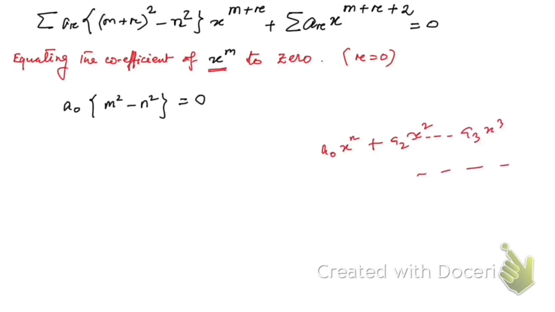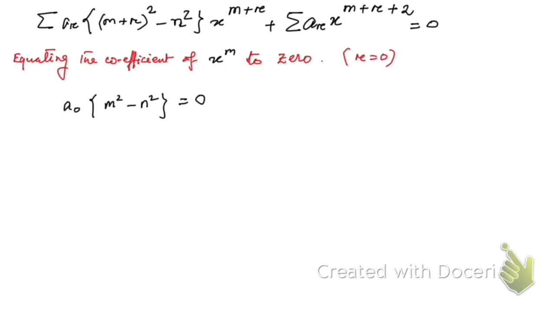Now if this term x to the power m, or let it be x to the power 1, doesn't exist, then x square will be the lowest degree term, and if it does exist, then its coefficient cannot be equal to 0. So we have considered this is the lowest degree term that exists. So if it exists, then we cannot say a naught is equal to 0, right?